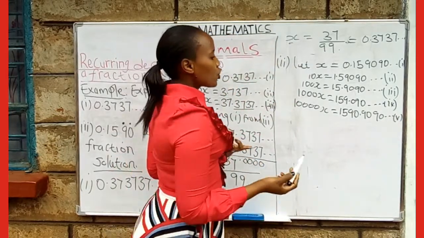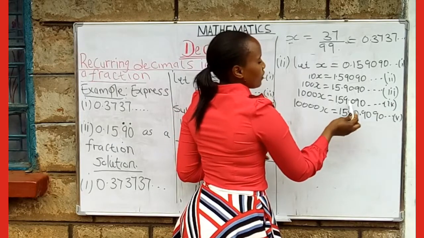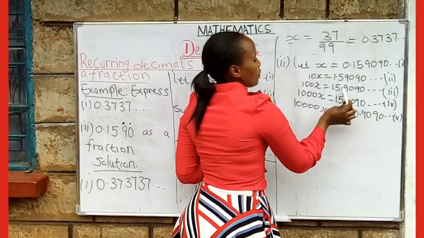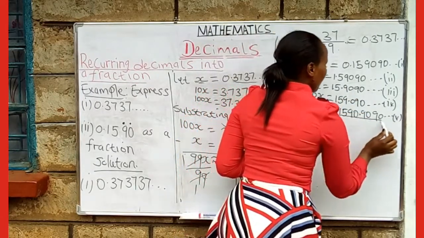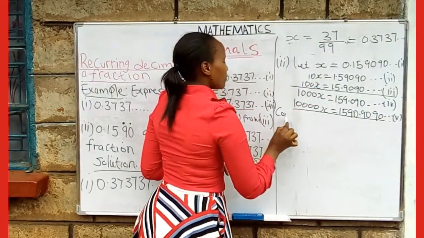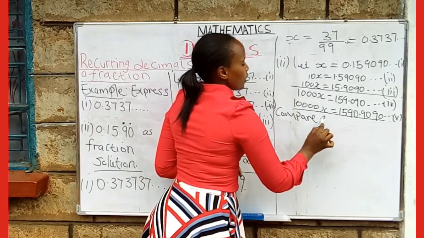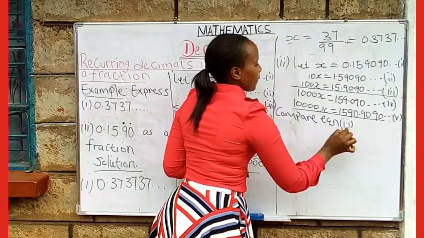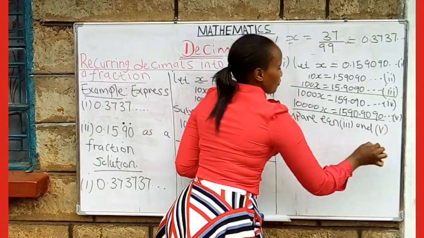So let's compare again. After the decimal point 9090, after the decimal point 090, no. After the decimal point 9090, look at this equation and this other equation. So compare equation 3 and 5.